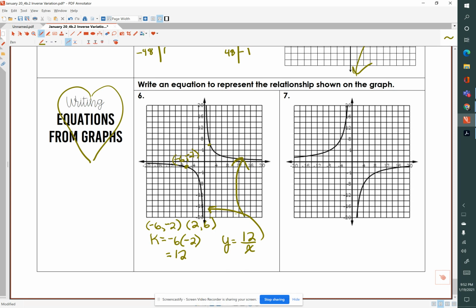And finally, number 7, let's choose some ordered pairs. I do see we have the point negative 8, 4. We also have the point 4, negative 8. 1, 2, 3, 4, negative 8 right there.